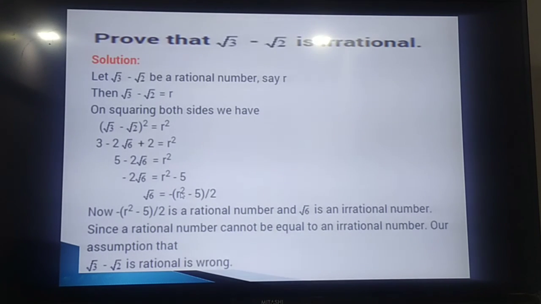It means that root 6 cannot be equal to r square minus 5 by 2, and it means that whatever we assumed, that root 3 minus root 2 is rational, is wrong. It is irrational.